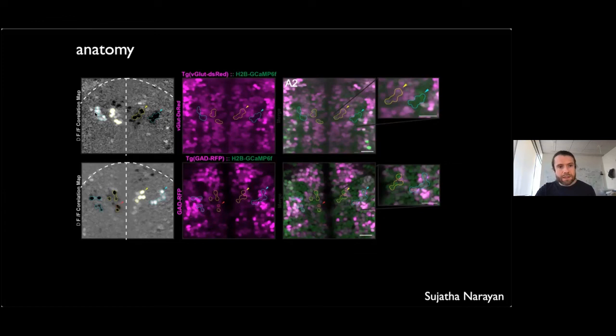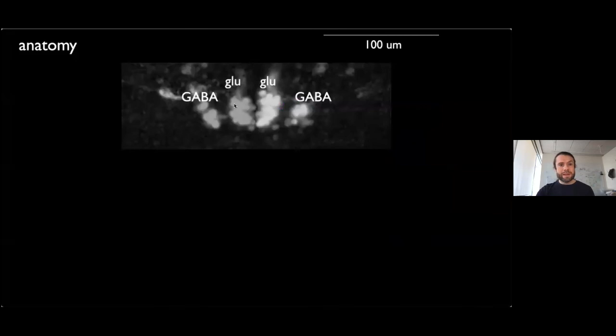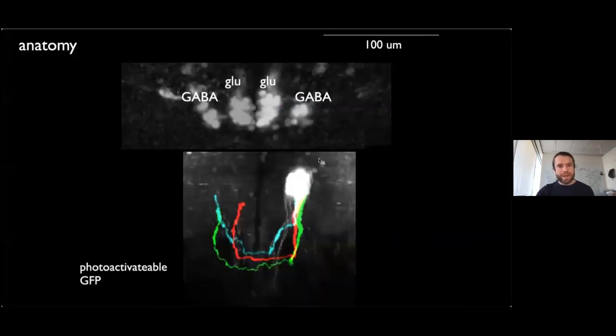You can get functional information, map that onto the anatomical information, and find that the center clusters are glutamatergic and the side clusters are not, and the side clusters, in fact, are GABAergic. It's a little hard to see, but these are labeled. And so we can now identify the neurotransmitter type, and we can do preliminary tracing through activation of photoactivatable GFP to see that these GABAergic cells project to the other side.